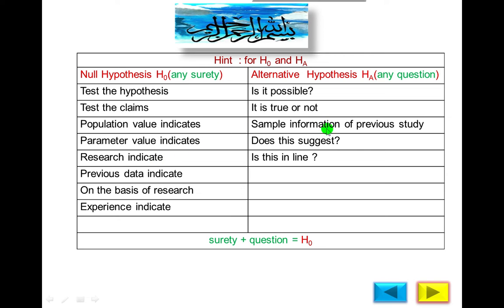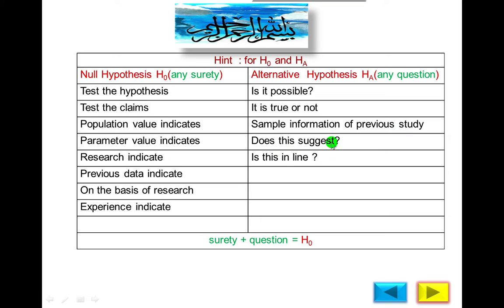But for sample information of a previous study, suppose you select a different sample from the previous study and then use it for testing the hypothesis for the current population. Sometimes we can use the sample information of the previous study for the next or current population.